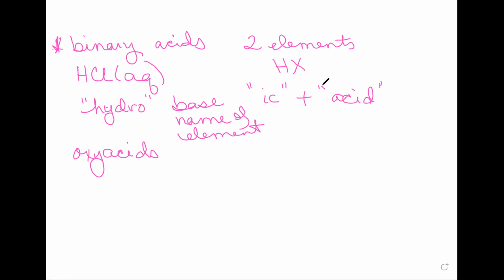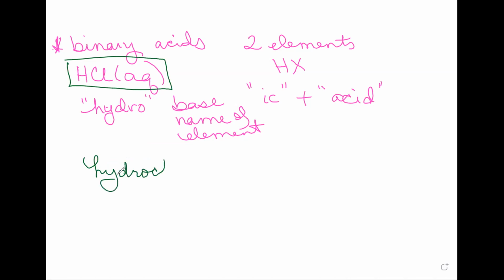Okay, so here, this is the longest way to explain that this is called hydrochloric acid. If I give you this formula, what would you name it?